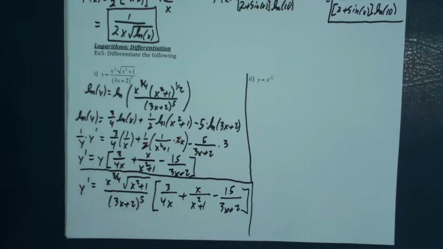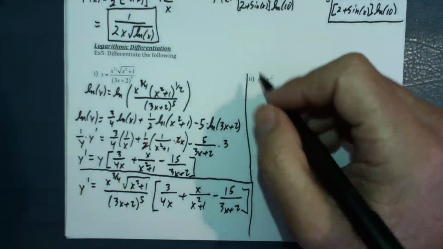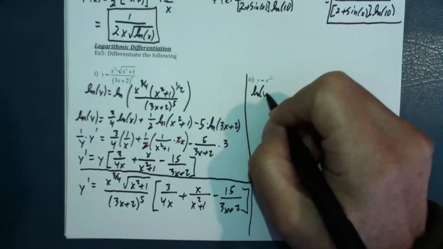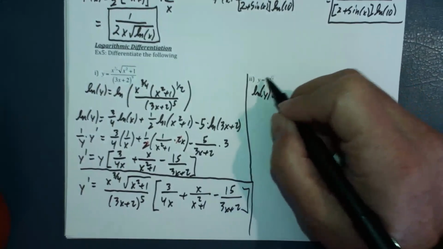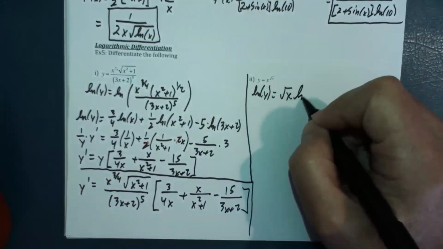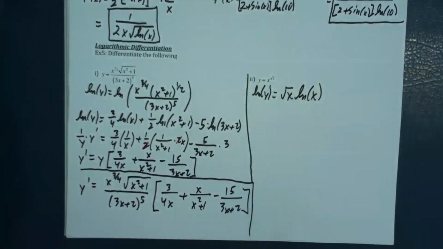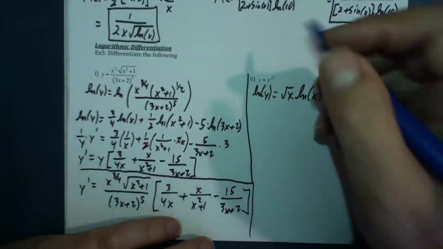All right, we're going to do this again. Logarithmic differentiation. I'm going to take the natural log of y equals, and I'm going to bring that down, root x, ln of x, and be careful, I have to do product rule here. Now we've done the derivative of root x before.